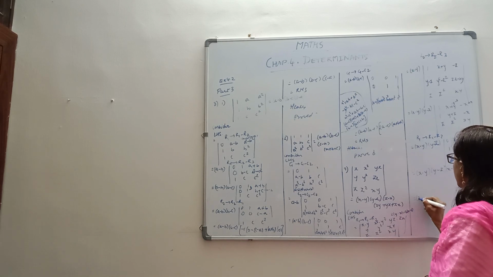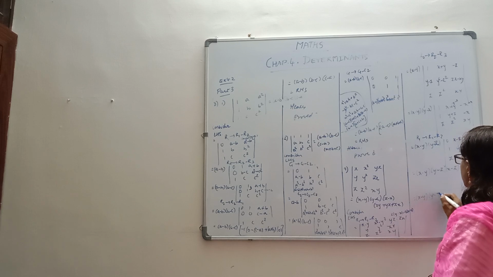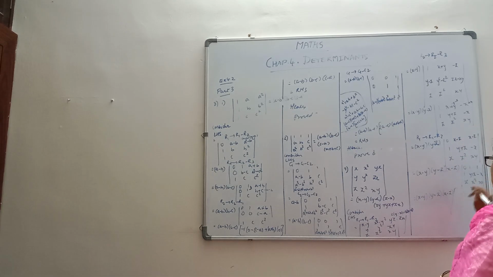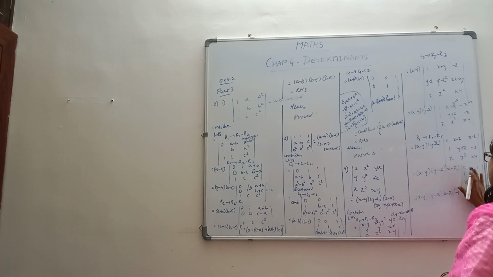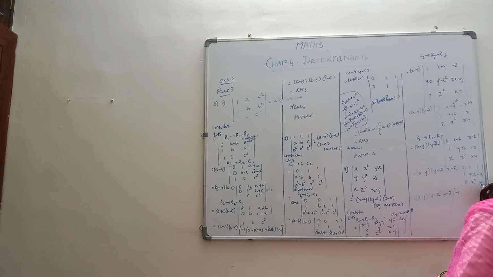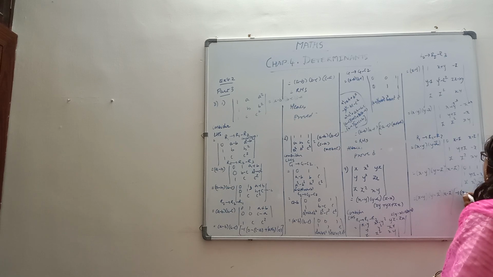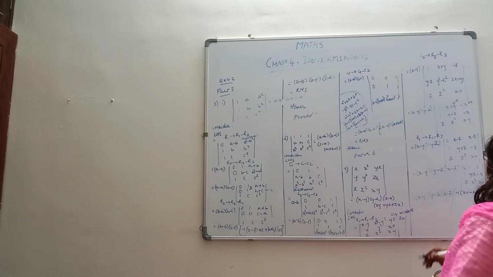Now let's expand. (x minus y) times (y minus z) times (x minus z). Let's expand. First we will not get anything because it's 0, then it's with minus 1. Let's see what happens. It is xy minus xz.